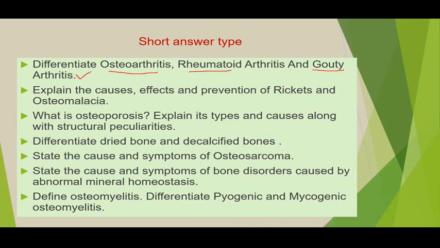Next is explain the causes, effects and prevention of rickets and osteomalacia. Next is what is osteoporosis? Explain its types and causes along with structural peculiarities.